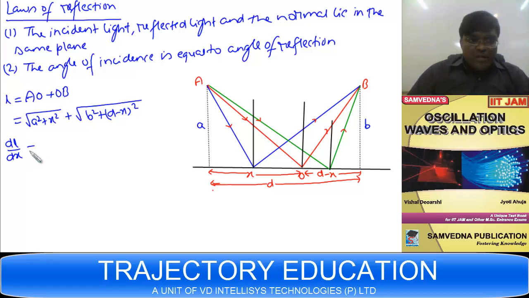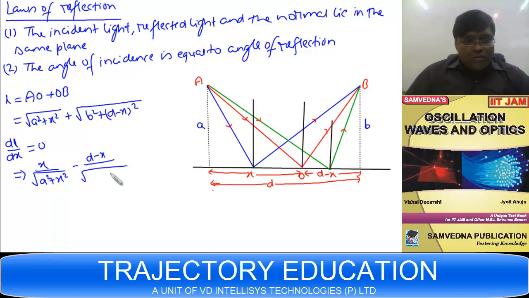So for the path to be minimum, dl by dx must be 0. dl by dx is x upon square root of a square plus x square, minus (d minus x) upon square root of b square plus (d minus x) square, which is 0.